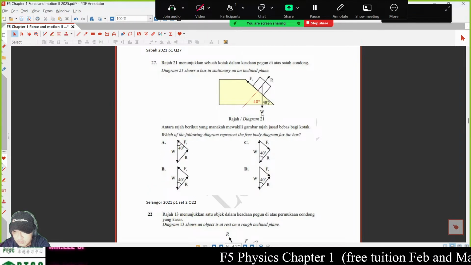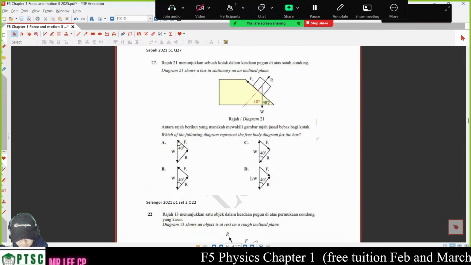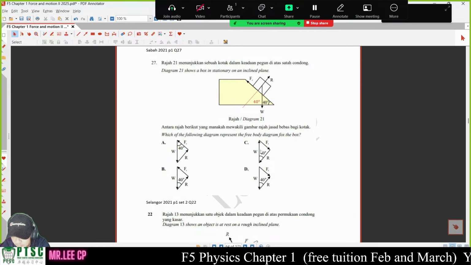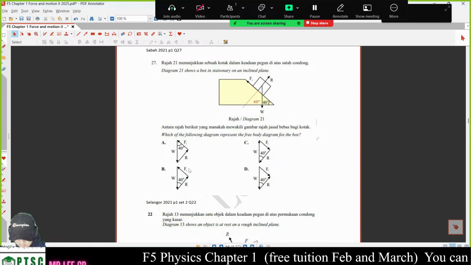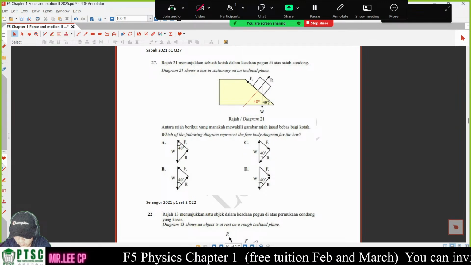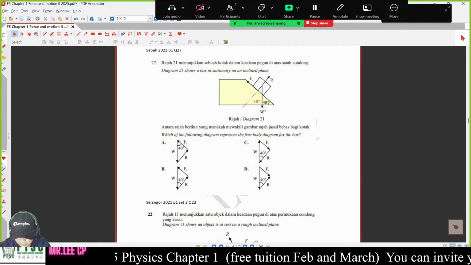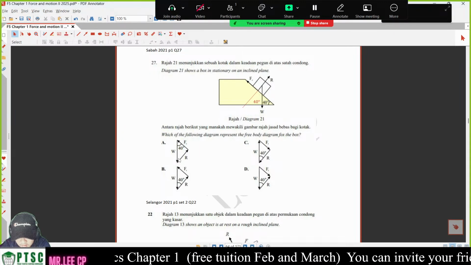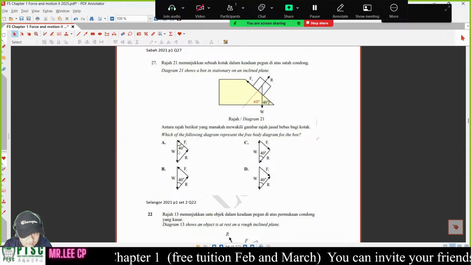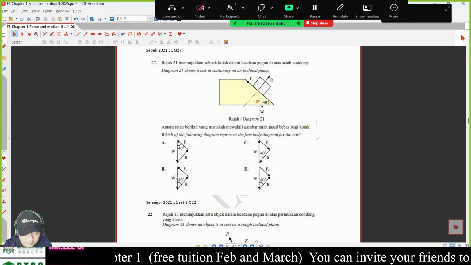W is going down. This one going up is wrong. Out. So F, R. This one is wrong, so these two are out. C and D out. R this way, arrow this way. This one and this one are both correct.